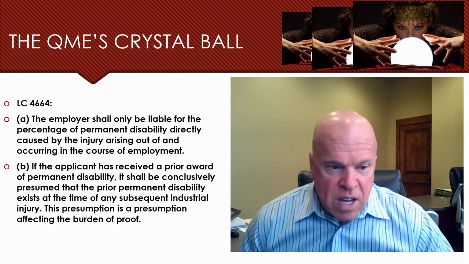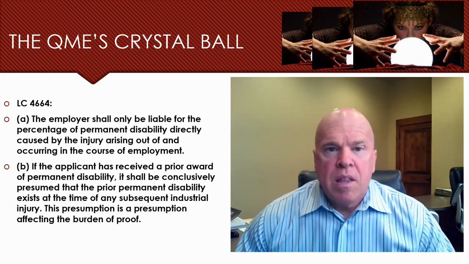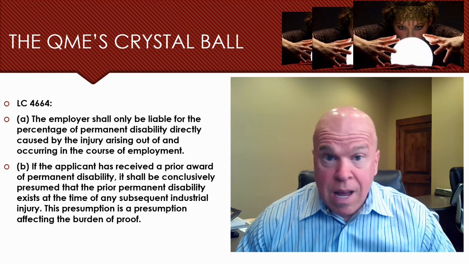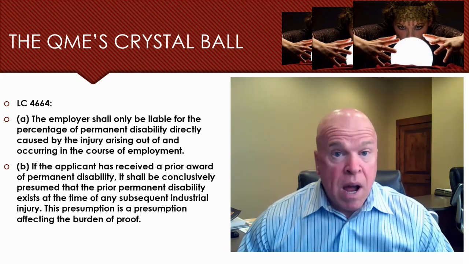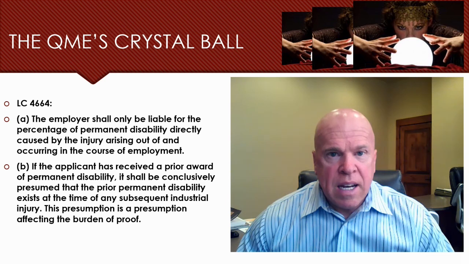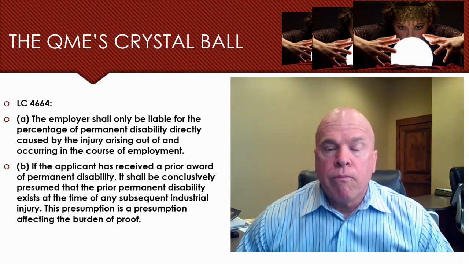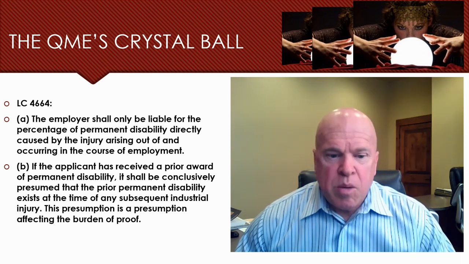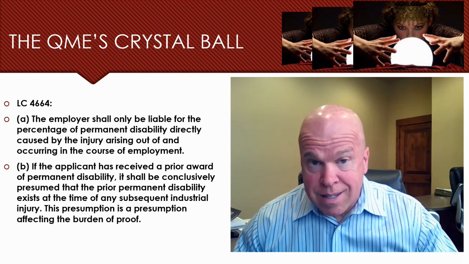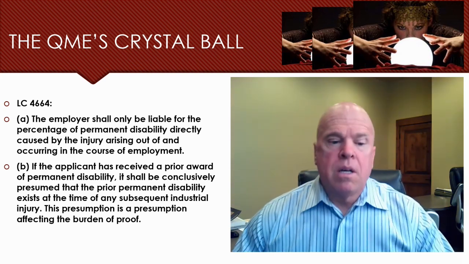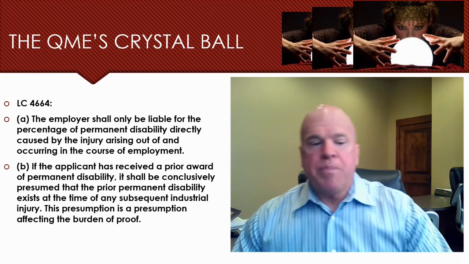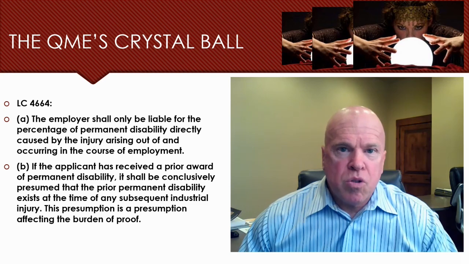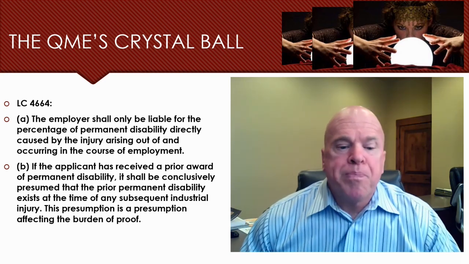And that point is emphasized here in Section B by telling us that if the applicant has received a prior award of permanent disability at any time in the past, even prior to the passage of Senate Bill 899 in 2004, it shall be conclusively presumed that the prior permanent disability exists and persists at the time of any subsequent industrial injury, including the time of the current claim for industrial injury with the current employer.